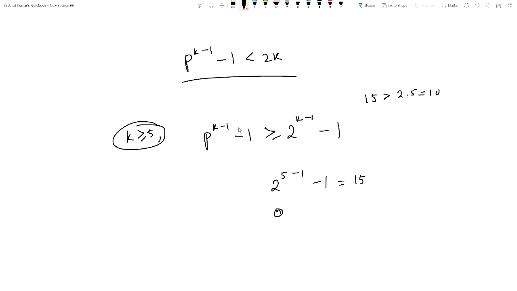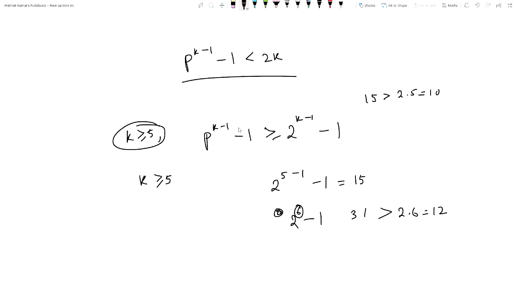So if k is greater than or equal to 5, then obviously, if k is more, say you take 6, then it's 2 to the power 6 minus 1, that is 31. So 31 is obviously greater than 2 times 6, that is 12.